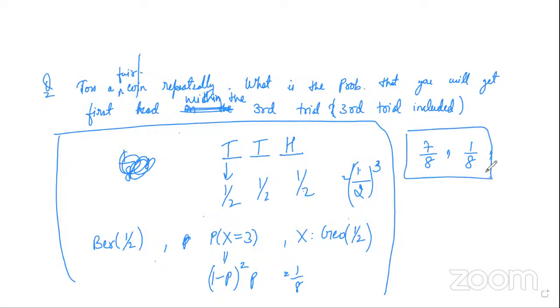So now the question is, what is the probability that you will get the first hit within the third trial? It means you can have the first hit on the first trial, or you can have the first hit on the second trial, or you can have the first hit on the third trial. Right? So you will have to add all these probabilities. What is the probability that the first hit occurs on the first trial?